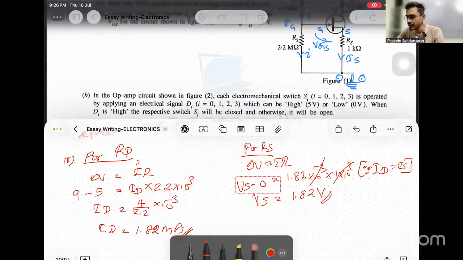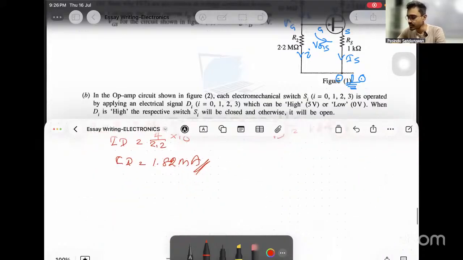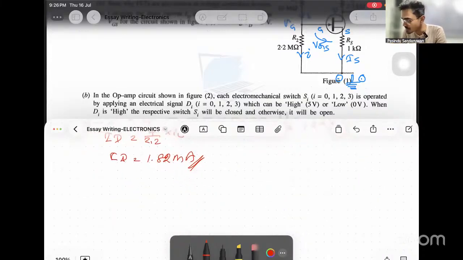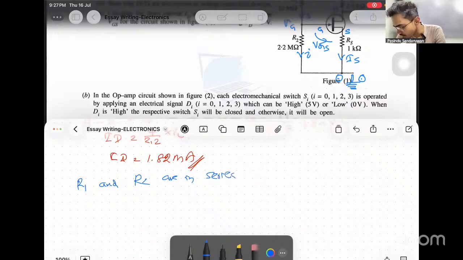To find VG, these two resistors are in a series combination. I have to mention these logics. R1 and R2. Mentioning logics is a must you should do. Even though you are doing the question, if you miss mentioning these logics, you will lose marks. R1 and R2 are in series combination.